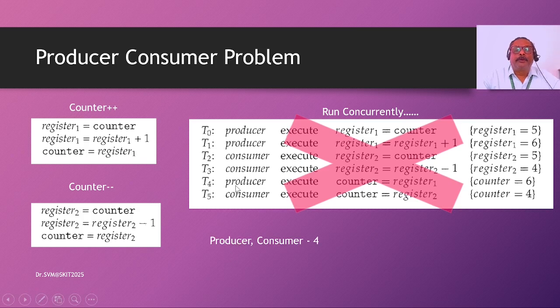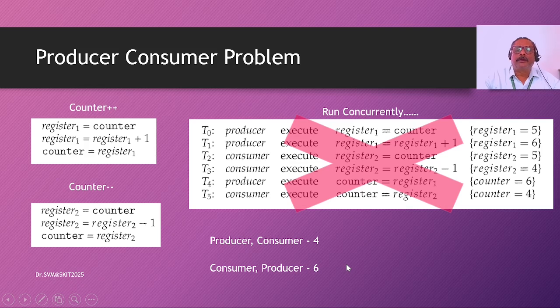So if the producer is executing first and the consumer is executing the last two lines, the answer is 4, because producer writes 6 onto the location, then consumer writes 4, so 4 remains finally. If that is done the other way, if consumer writes first, it will write 4, then producer writes next, then it will write 6.